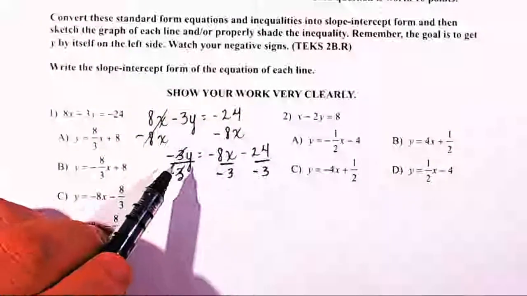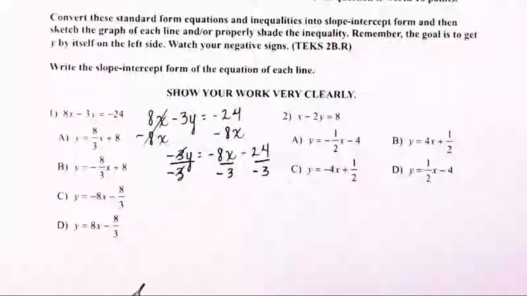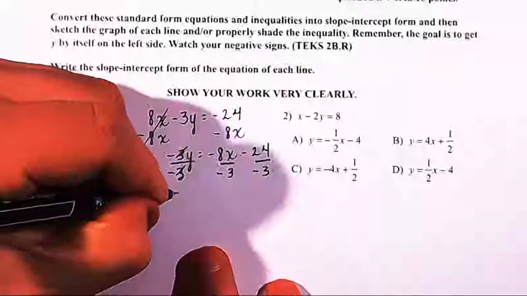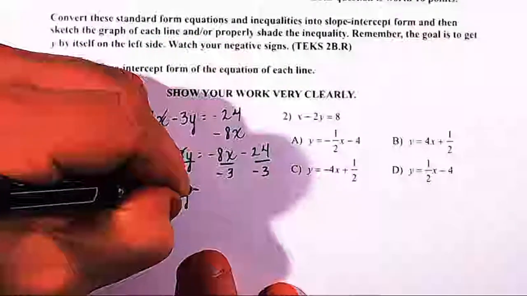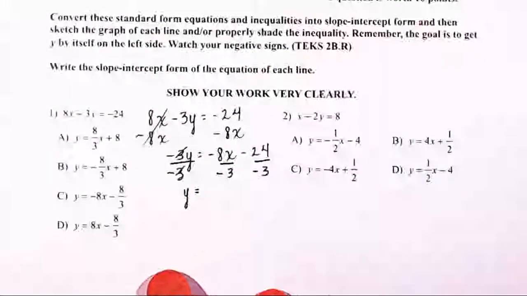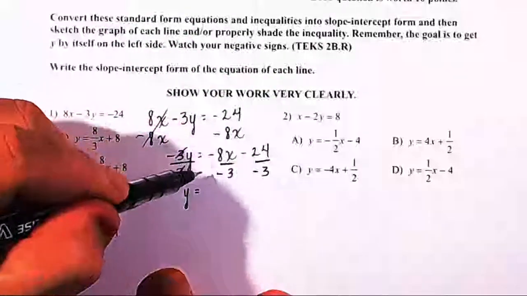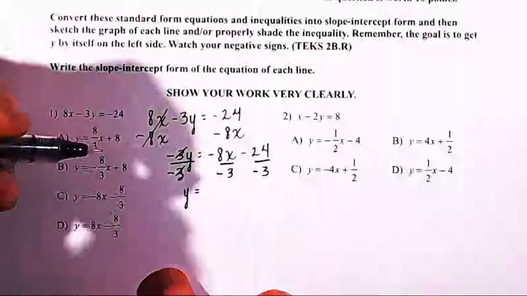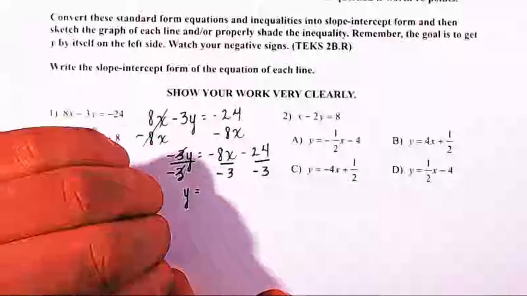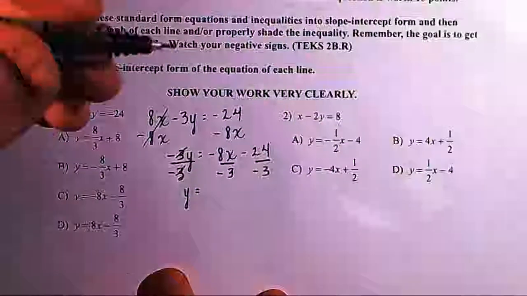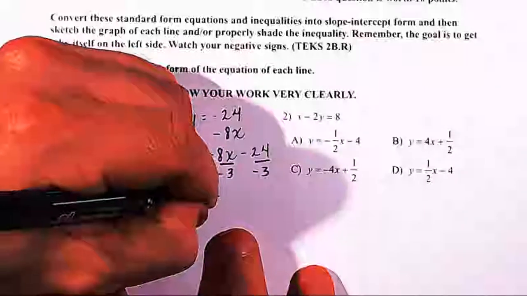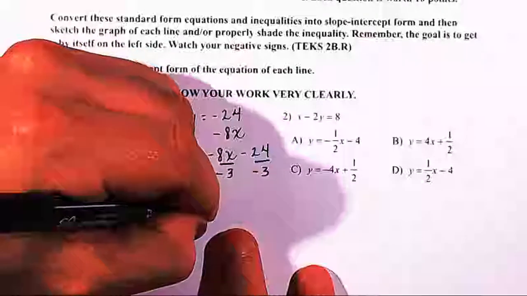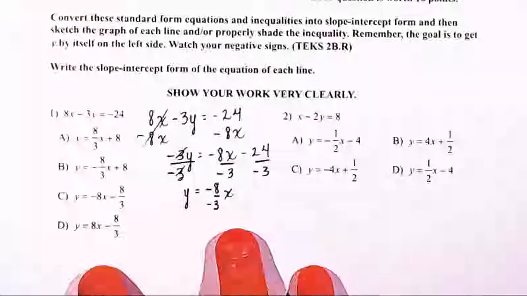So if you notice, I've canceled out the negative 3's. That leaves y by itself on the left. So y equals, and now when I get to this first term here, I'm going to take the numbers and pull them a little bit away from the x, like this. Negative 8 over negative 3 x.